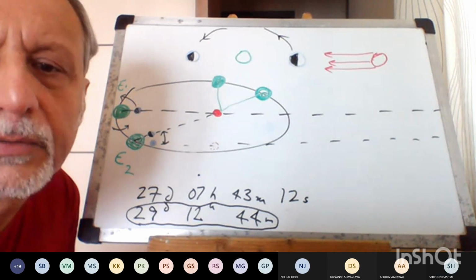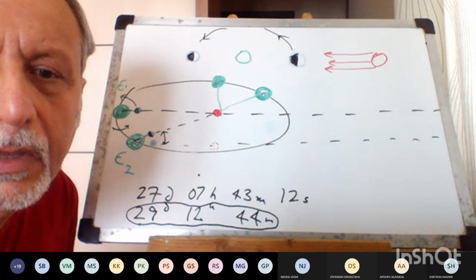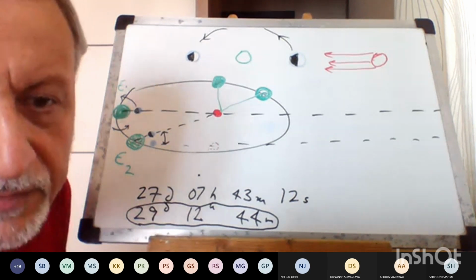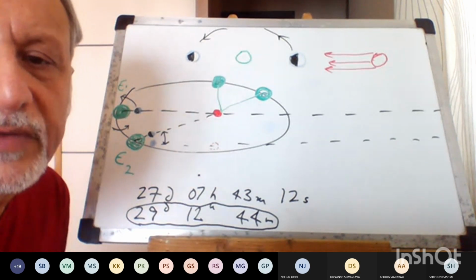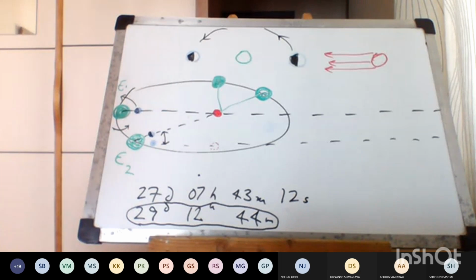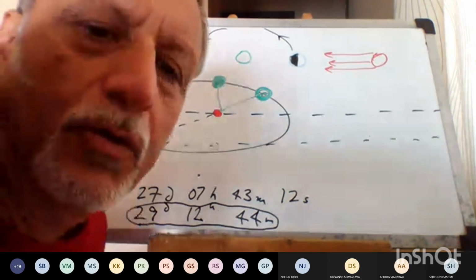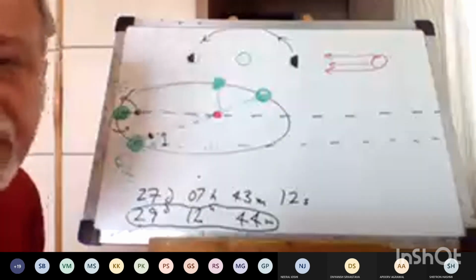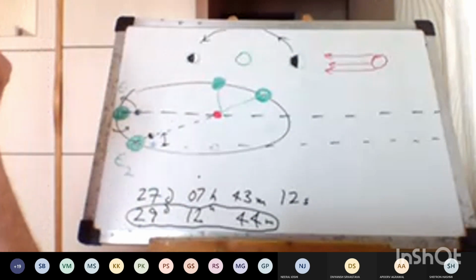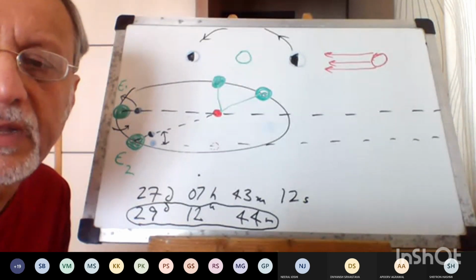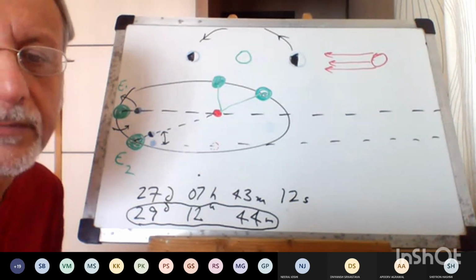I will just try to explain to you. Sidereal period, if you look at the definition in the book, is the period of time taken by the moon to make one complete revolution of 360 degrees around the earth. The sidereal period is of constant duration.